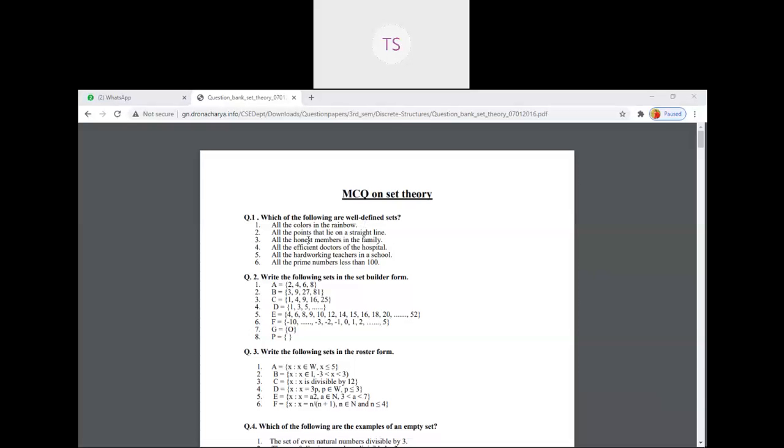Now the next one, all the points that lie on a straight line. Is it well defined? No. Why?